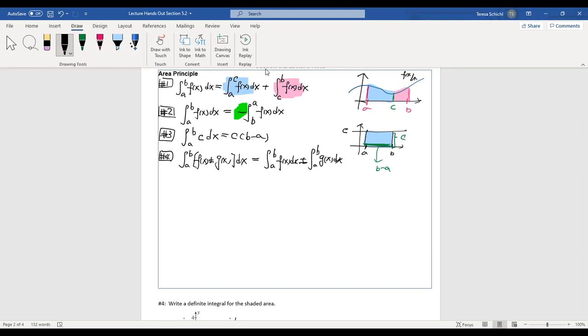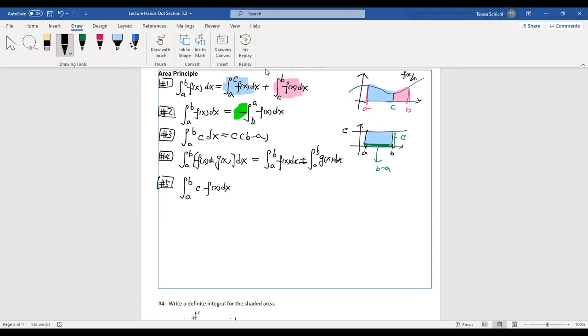Now number 5: if you have a constant c times f of x dx, say c is 2, that means you just double whatever the area is.